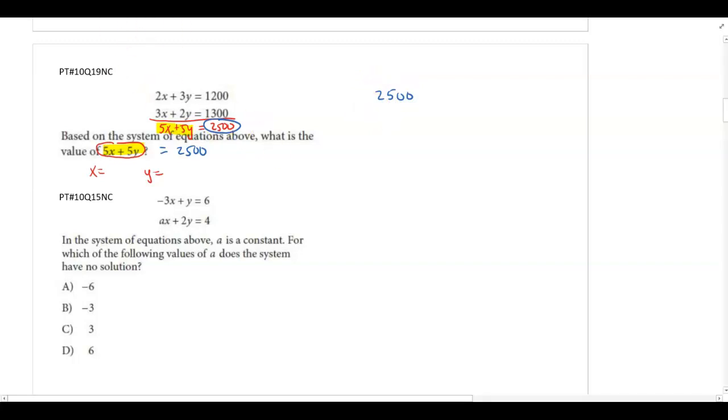Now, if you go ahead and solve the system the difficult way, I would multiply the top equation by, let's make the x's become -6 and 6, so I multiply the top by -3 and then the bottom by 2. That would give me -6x minus 9y equals -3,600. Then 6x plus 4y equals 2 times 1,300, which is 2,600.